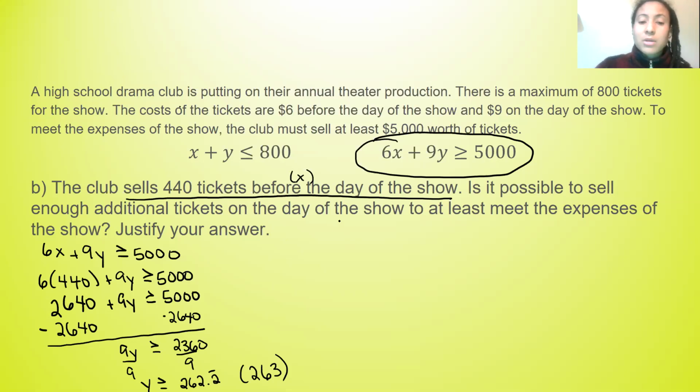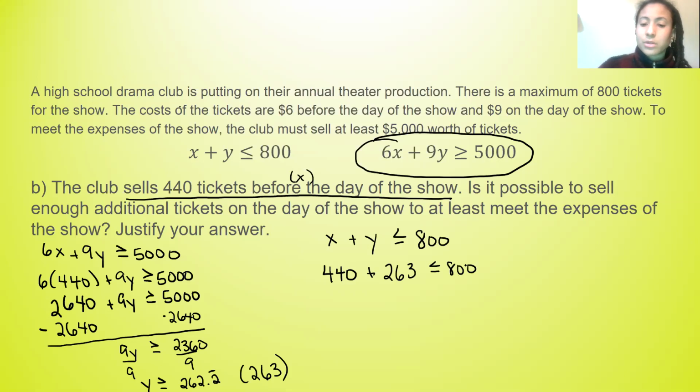So all we have to do now is plug everything into the first equation, because that's talking about the amount of tickets. Okay, so if I have x plus y less than or equal to 800, what is x? X is 440, because we said that's how many were sold before the day of the show. Do we know what y is now? Absolutely. It's 263.